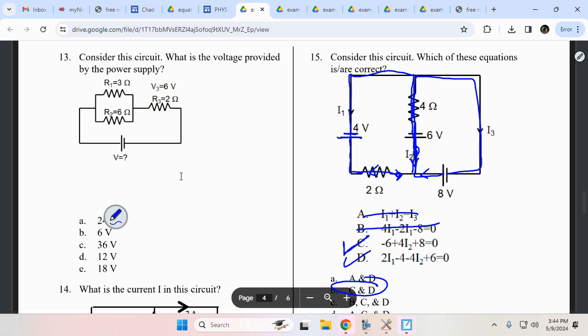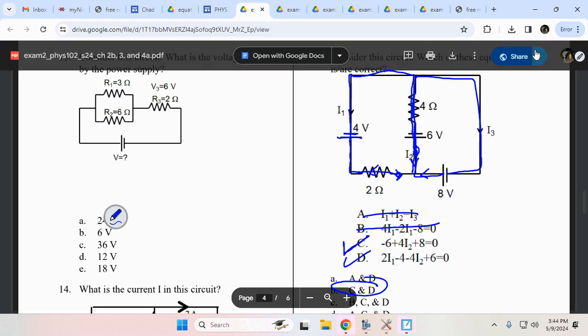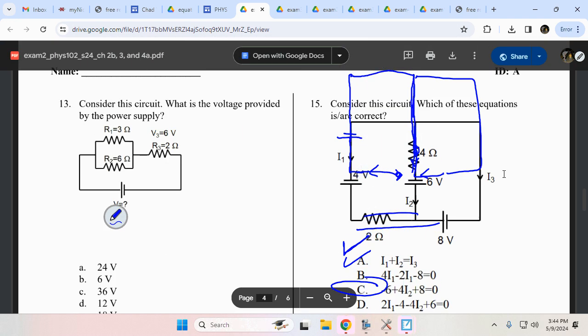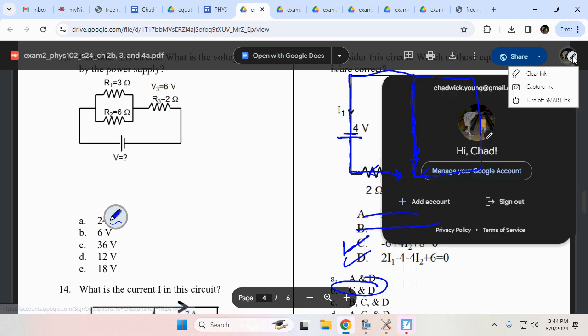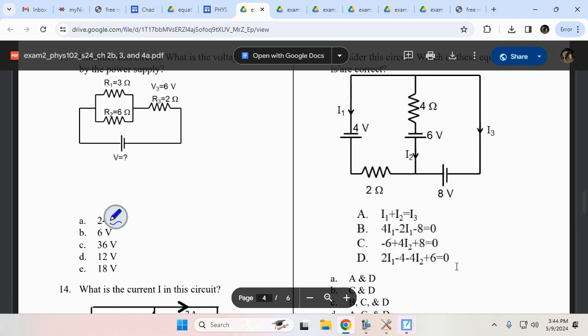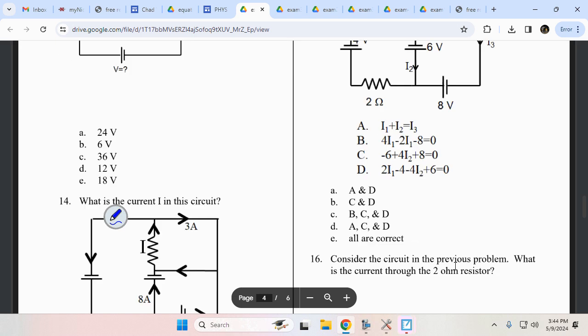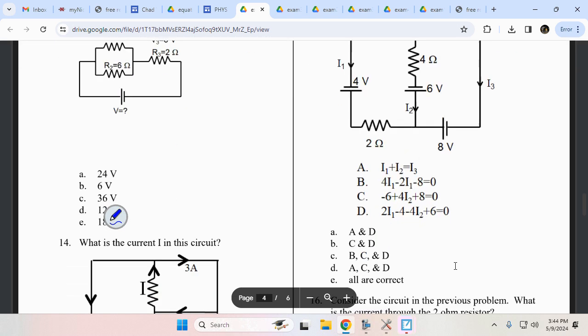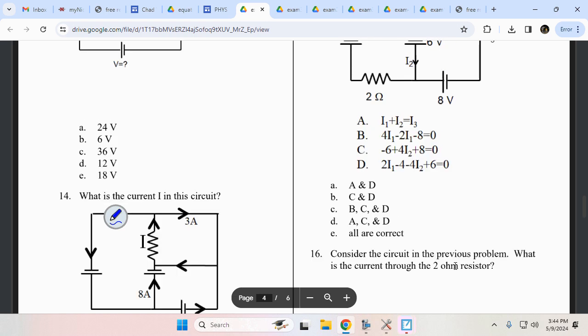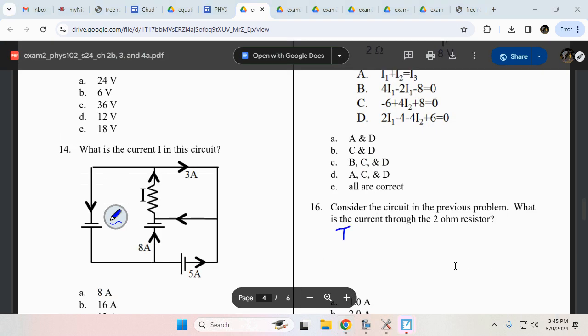And then you'll also have the follow-up question where I'm asking you, let me say C and D are correct, what is the current through the 2 ohm resistor? So the 2 ohm resistor is I1. I want to know what I1 is equal to.